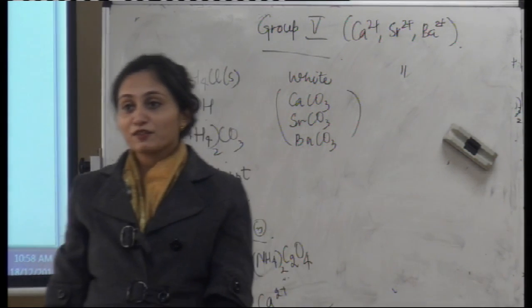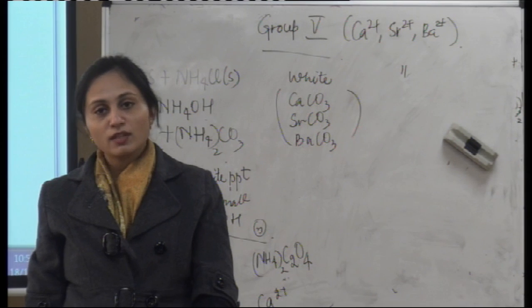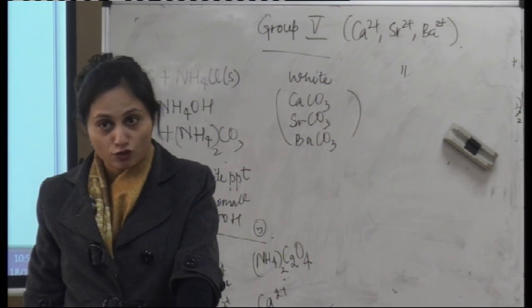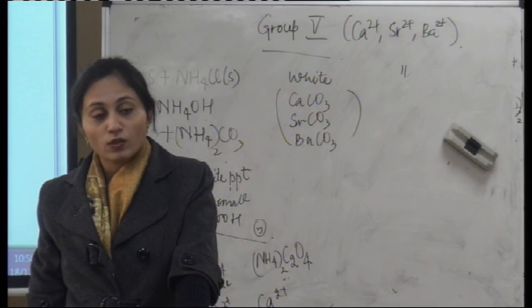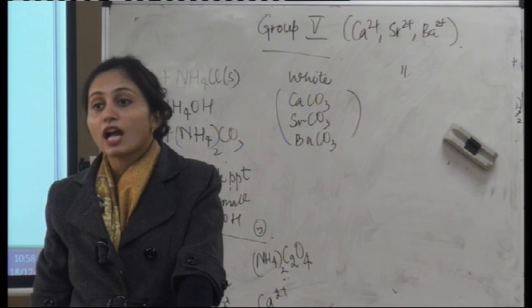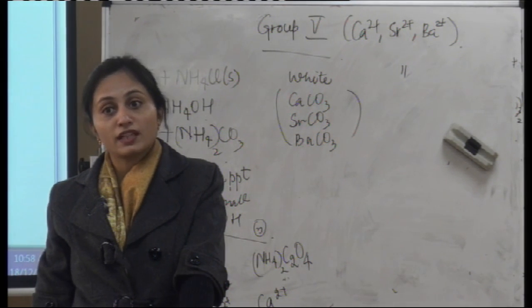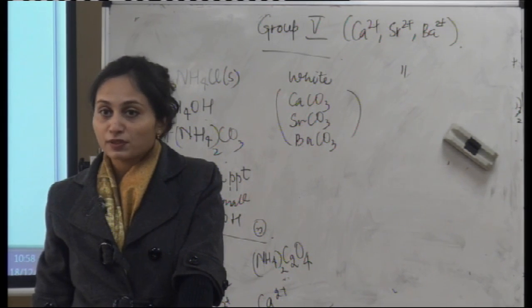Now in this case basically we are talking about barium, strontium, calcium. सबसे पहले हमने एक additional reagent इसमें जो add करा है in addition to group 3 reagents is ammonium carbonate. Remember that if ammonium carbonate is added, whatever precipitate you are getting will be your carbonate which is getting precipitated out. So you have barium, strontium, calcium का carbonate which will get precipitated in the white form.